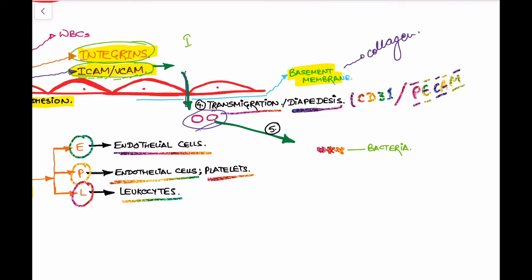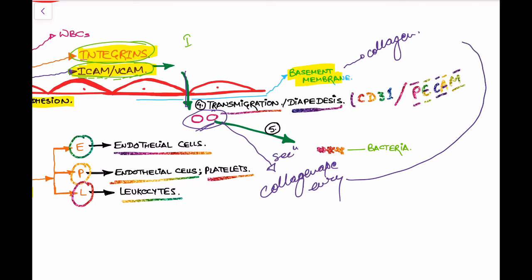So these WBCs are responsible for secreting one enzyme called collagenase, which breaks this collagen, making it easier for the WBC to cross this endothelial cell membrane.